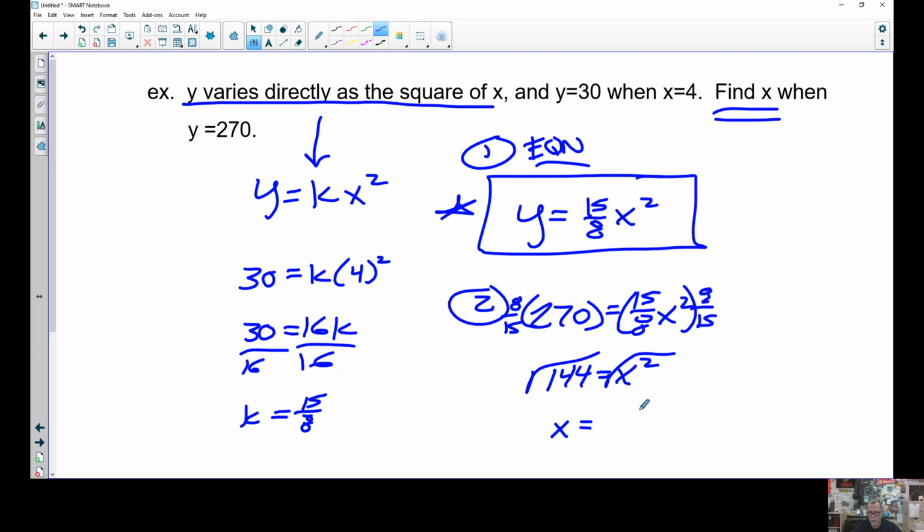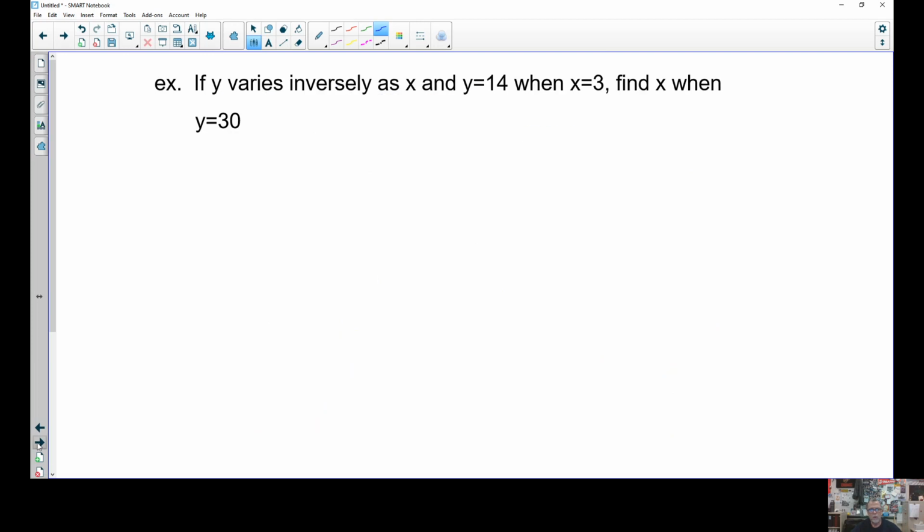And so x is going to equal, there's two possibilities, plus or minus 12, right? So we have two possible solutions here. X could be both 12 or negative 12. And we've answered the question. So we've got the equation, then we get the question. We answered what it asked us to solve for. All right, so let's keep moving.